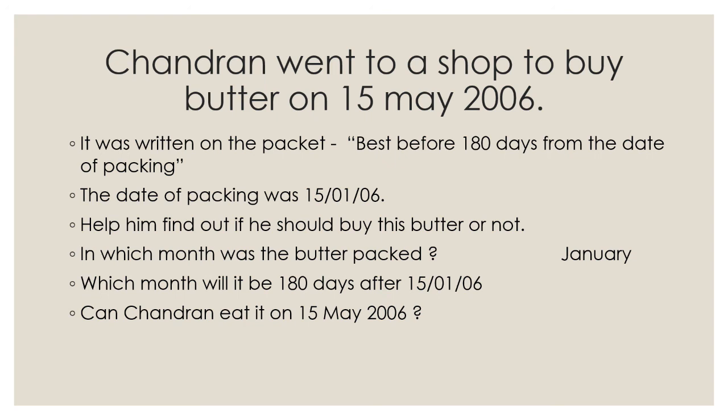Till 15th June, 5th month. Till 15th July, 6th month. So 180 days will be complete on 15th July. Not 16th, 15th July. So till 15th July we can eat this butter.